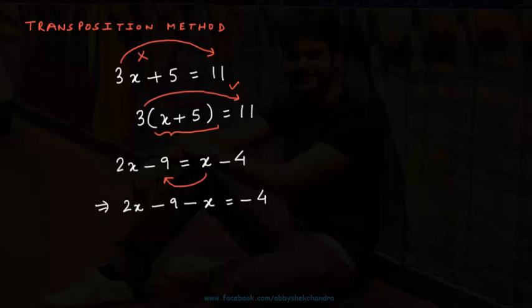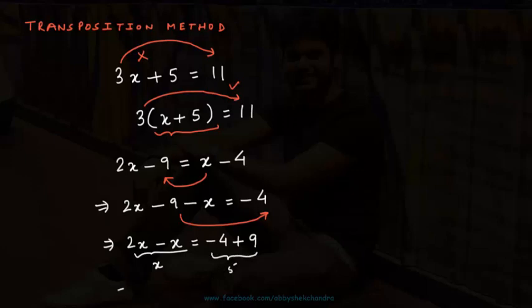Since x was added to the RHS, on transferring it to the LHS, it will be subtracted from the LHS. Now we transfer 9 to the RHS to give 2x minus x equal to minus 4 plus 9. 2x minus x is x, minus 4 plus 9 is plus 5, or x equal to 5.